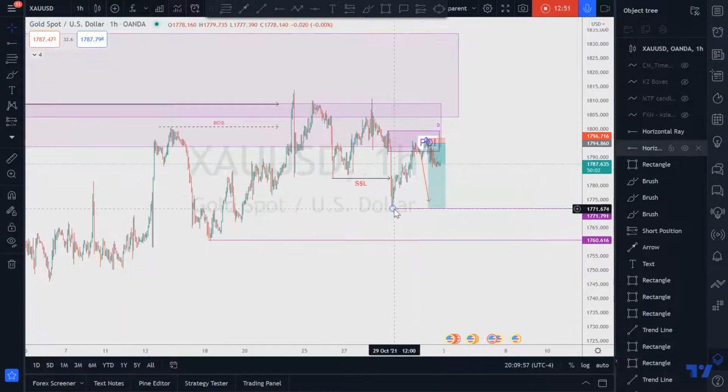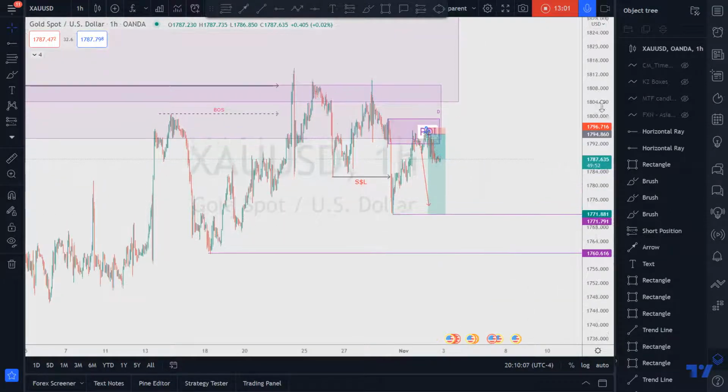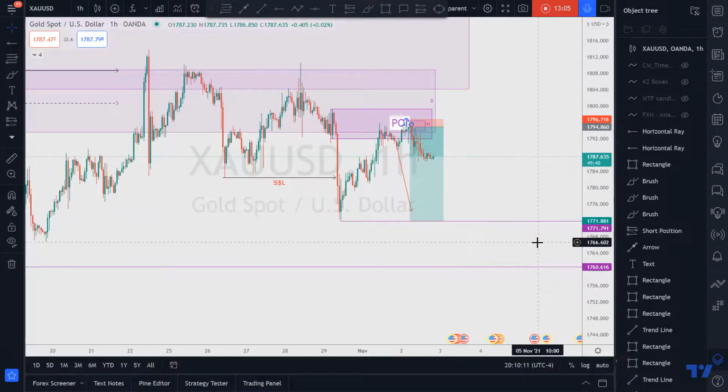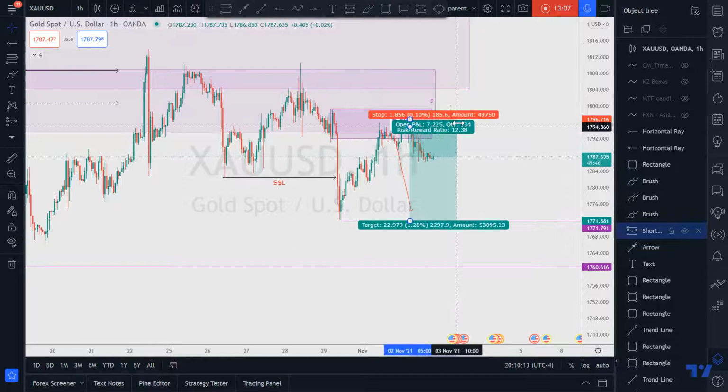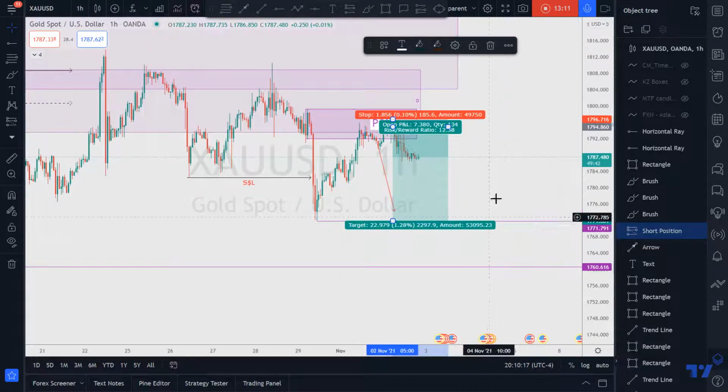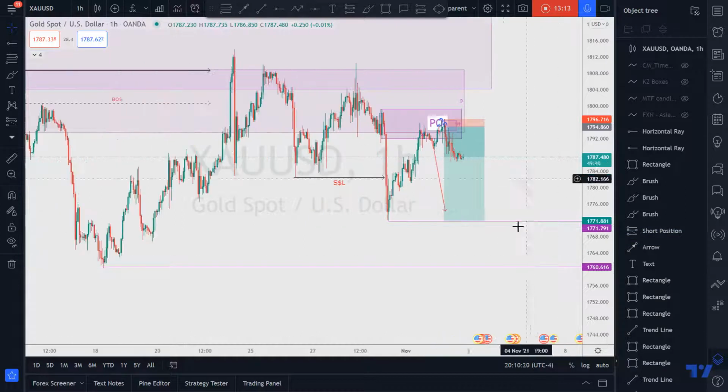For me personally, I will be looking to TP here. When it gets down here, if it's a hard hitter, a hard bearish candle, then I'll look to leave a runner. Anyway, that is my helpful hints, and I'm hoping that you found it beneficial.